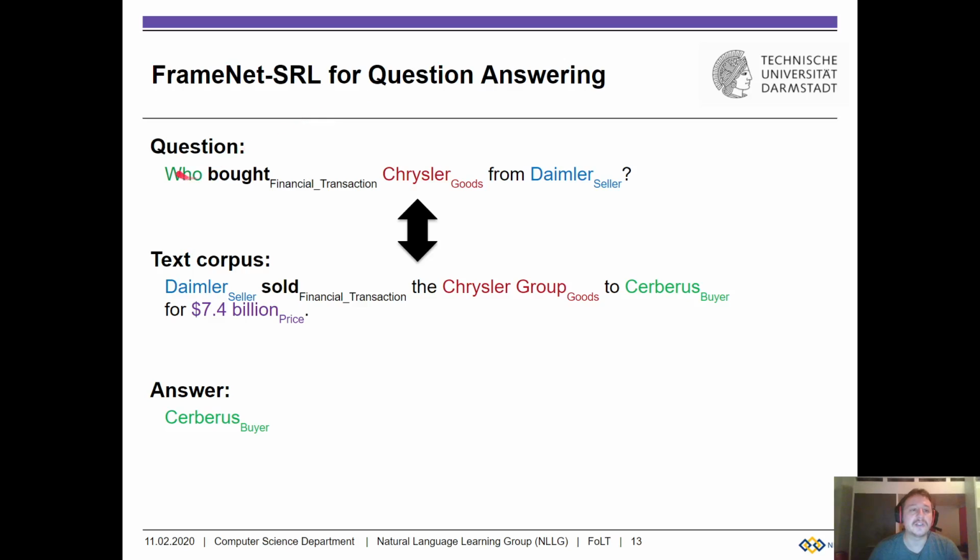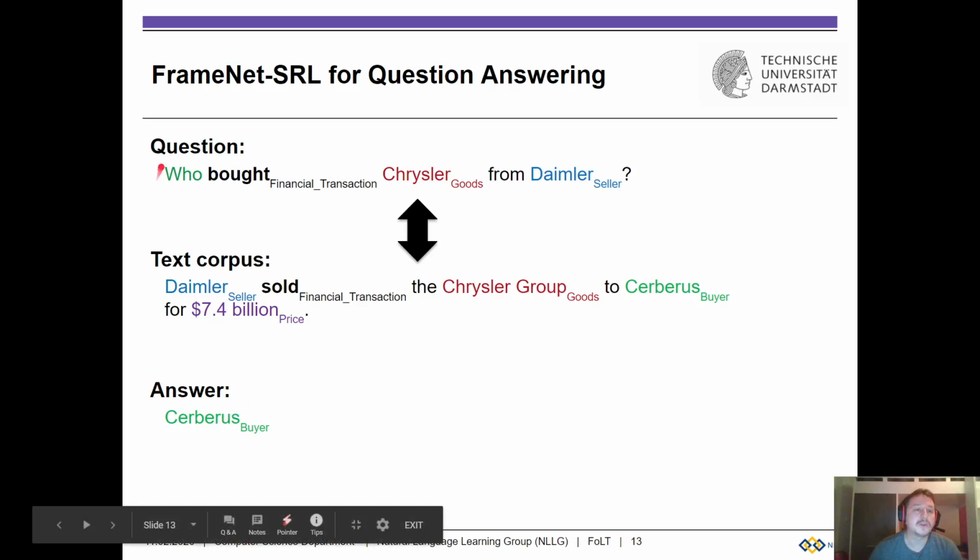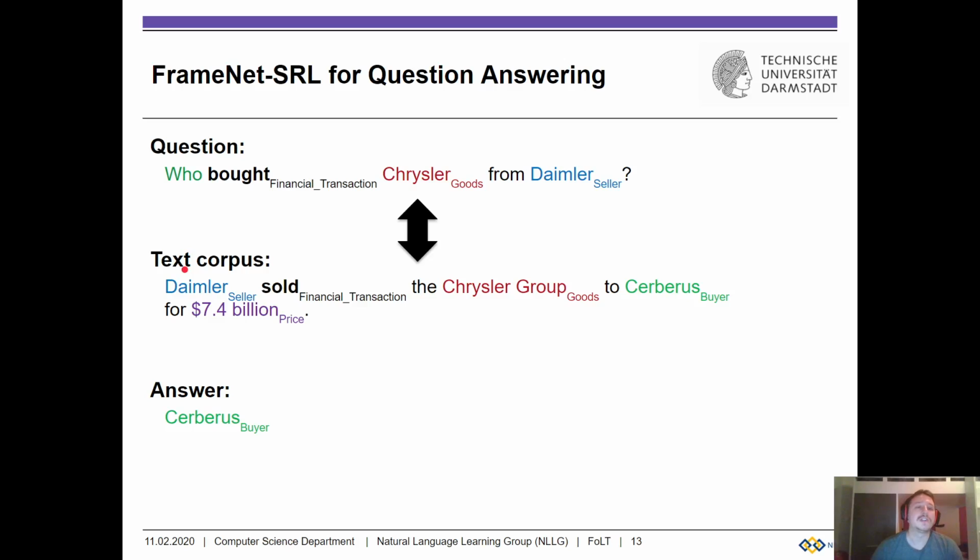So in question answering, we have a question that is input by a user. For example, we have a text corpus, and what the computer is supposed to be doing is answering the question from the corpus. So what are we going to do? How are we going to use semantic role labeling for this? Well, we would take our input corpus, our input question, and we do the semantic role labeling.